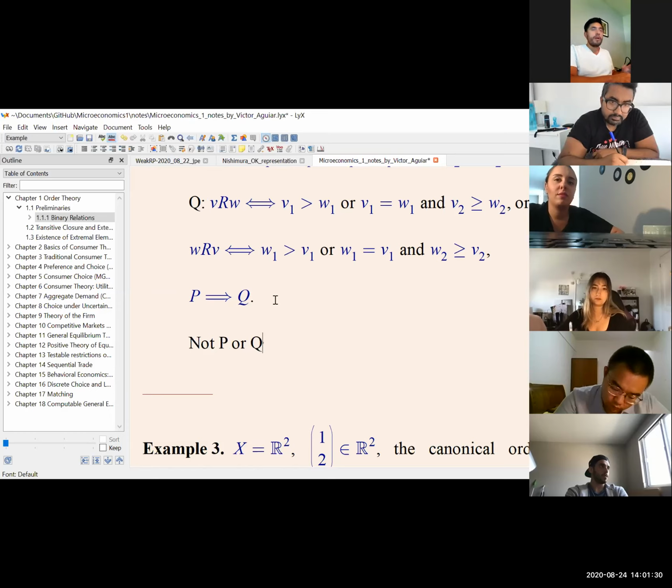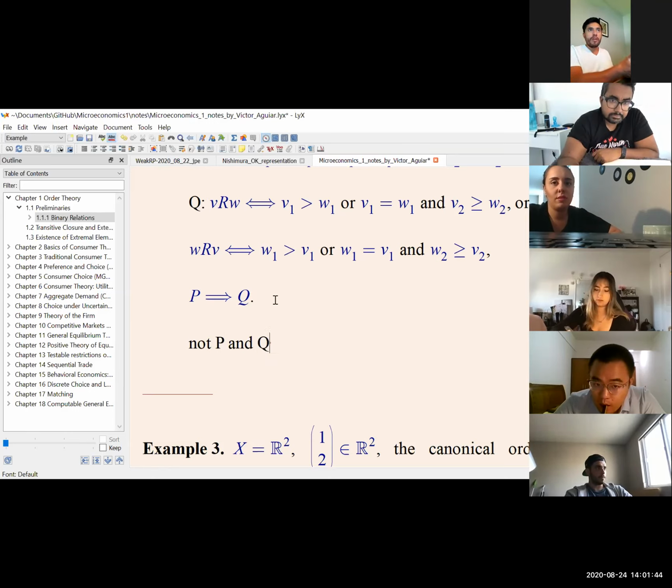Now, what I'm going to do is try to prove by contradiction, which means that I'm going to negate this. So I'm going to have not P, and Q is going to be the object that I want to negate. So it's going to happen that at the same time, the premise is false, but Q happens anyway.